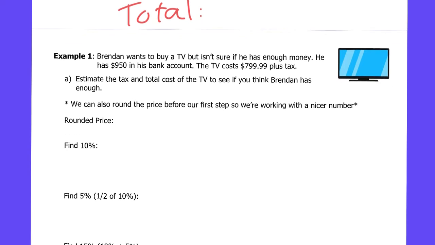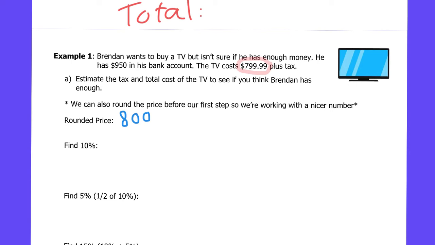So what we're going to do, just to make this question even a little bit easier, is right from the start, let's round the number that we're starting with and make it a nicer number. So we're starting with $799.99. So I'm going to round that to $800 because that'll just make our life a lot easier. It's only a cent difference, so we're not changing it too much.